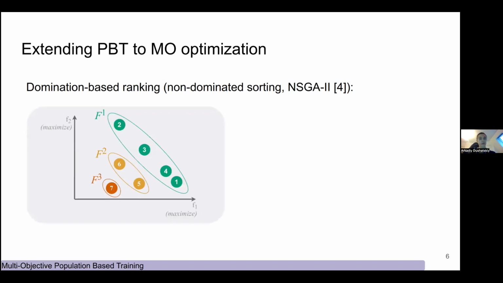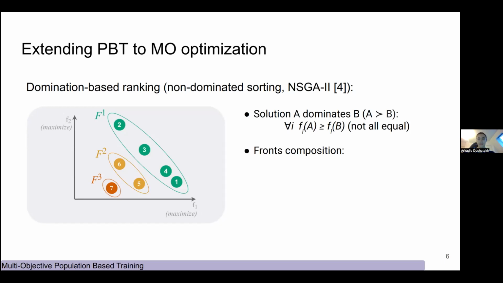Let's say we have two objectives. We have multiple solutions. Each circle here represents a solution, and we'd like to rank them. So we say that solution A dominates solution B if in all objectives its values are better and not all of them are equal.